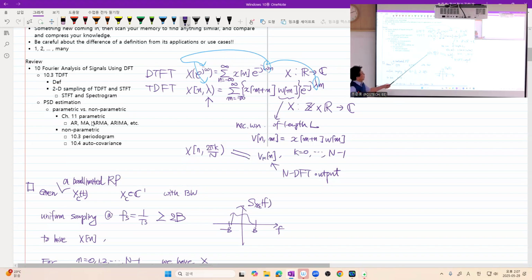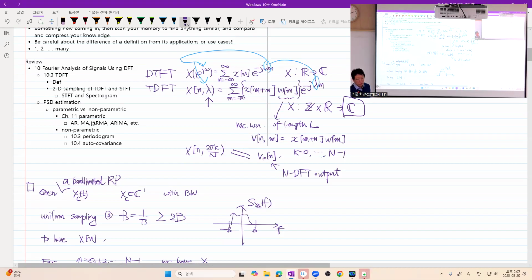Now, n ranges from some number, which is what you are going to choose, and k ranges from 0 to N minus 1, so that you can plot this one. Now, this is a complex valued one. Sometimes we take the magnitude or magnitude square of it.